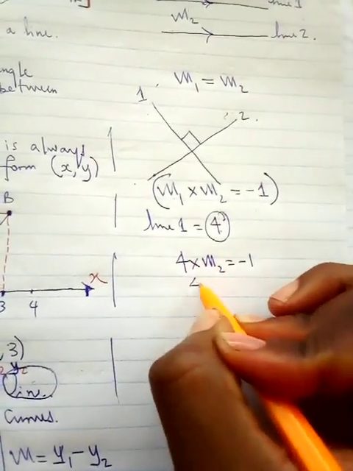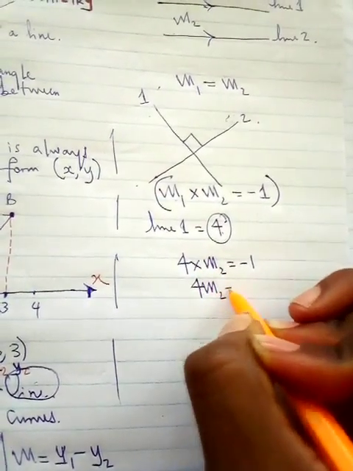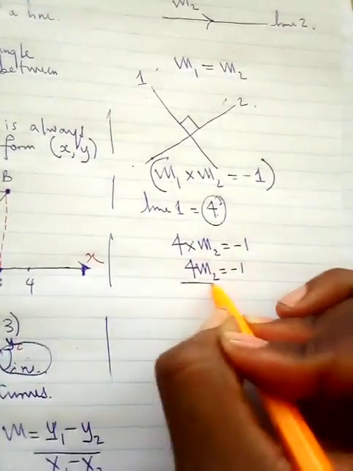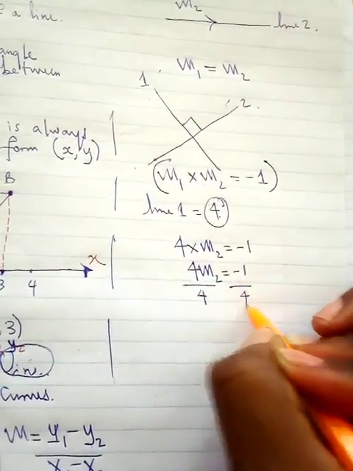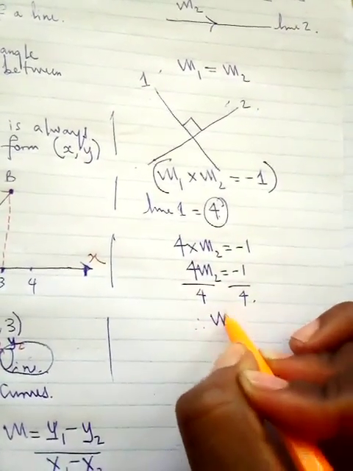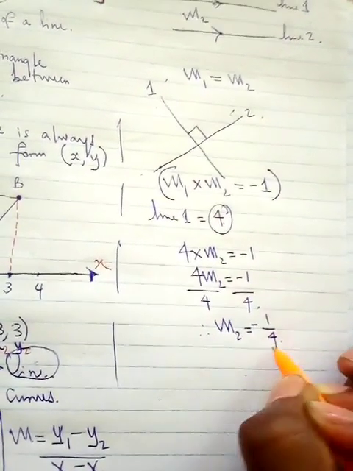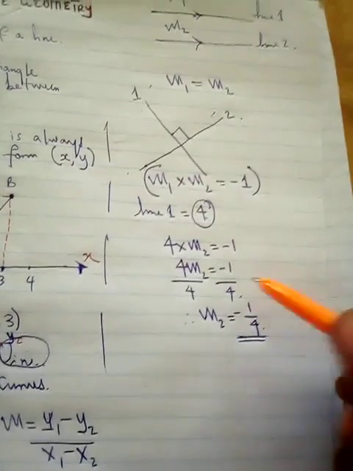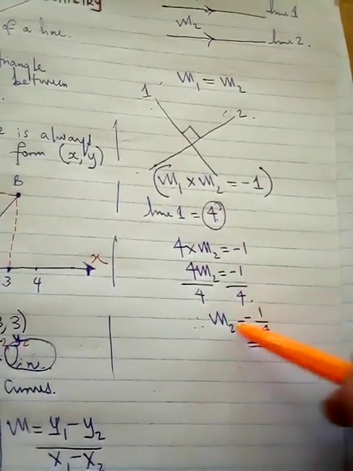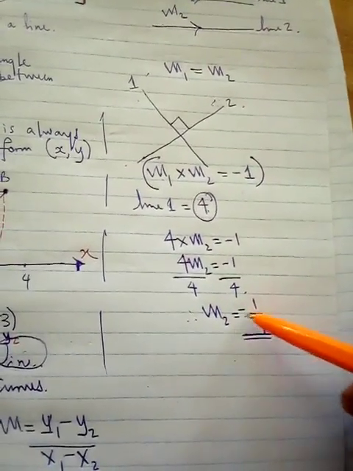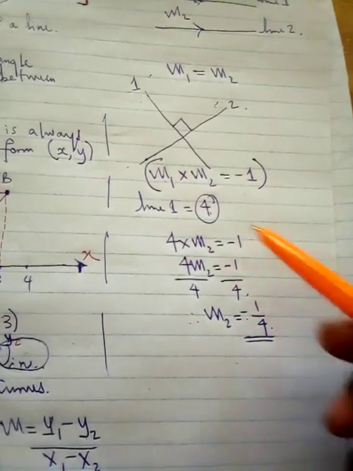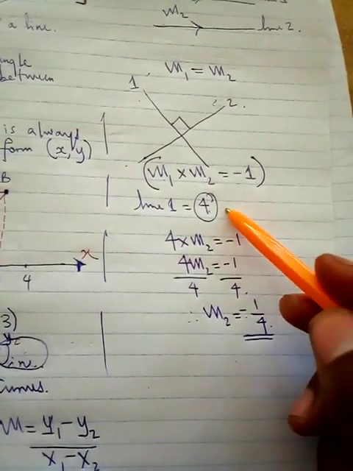So 4 m2 is equal to -1. Divide both sides by 4, and m2 will be equal to -1 over 4. Have you seen? This gradient 2 is simply the negative inverse of that one.